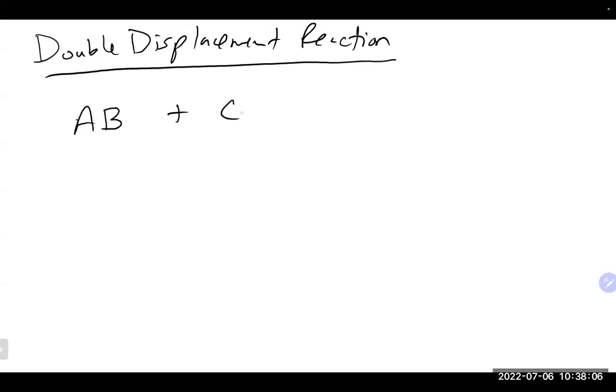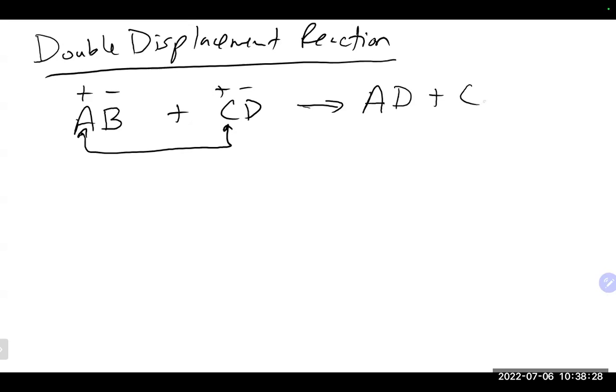You can recognize this because you'll have two ionic compounds on the left-hand side. And always in this situation, the two positive guys basically switch partners, and you make two new ionic compounds on the other side, AD and CB in this case.